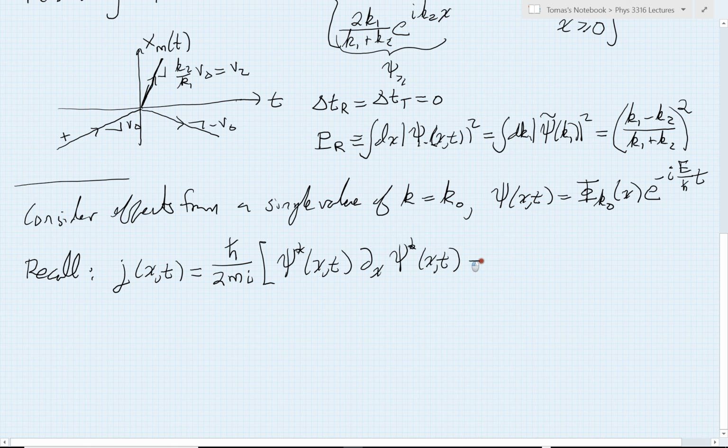And then there was a second term where I subtract off the complex conjugate of this. So when these are not both psi stars, I'm sorry. Where I subtract off the x derivative of psi star of x and t, where that derivative then multiplies my wave function back again, psi of x and t.